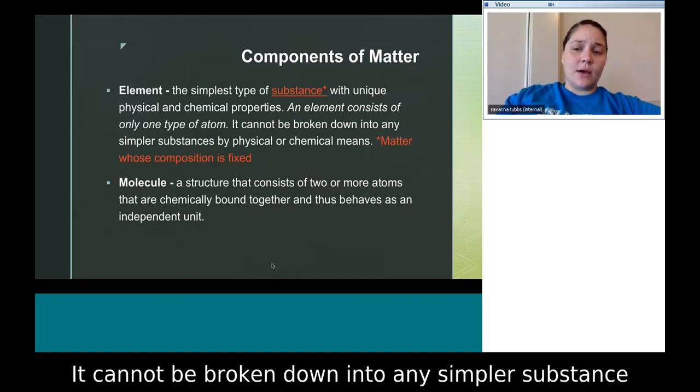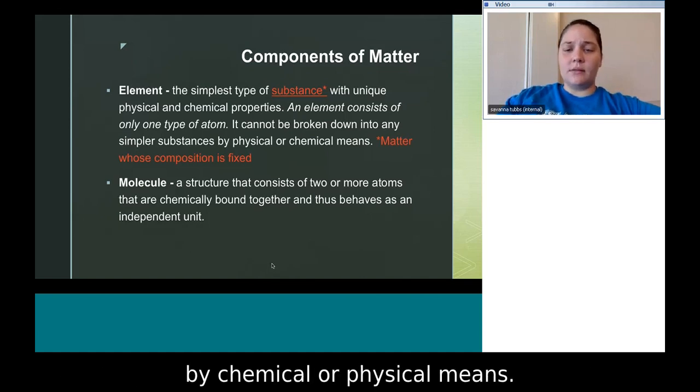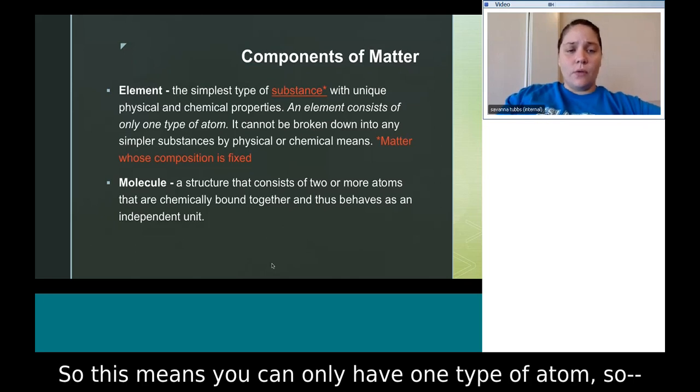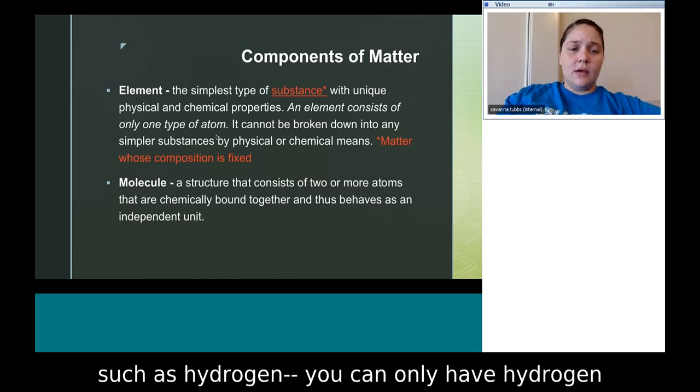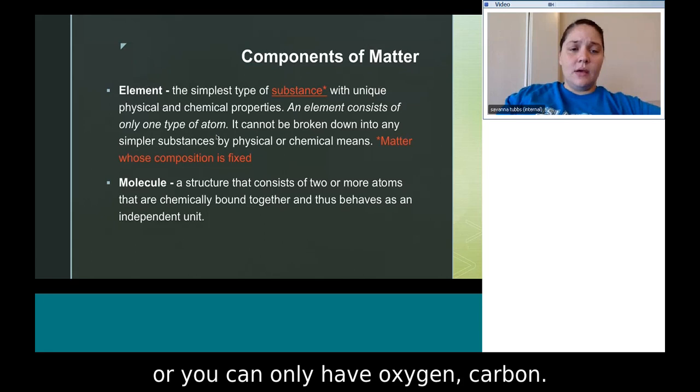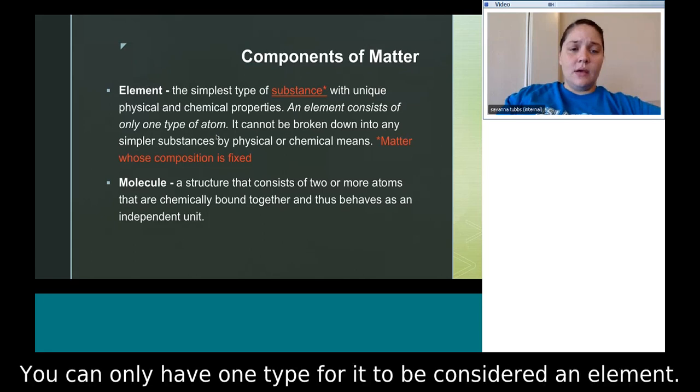It cannot be broken down into any simpler substance by chemical or physical means. So this means you can only have one type of atom, such as hydrogen, or oxygen, or carbon.